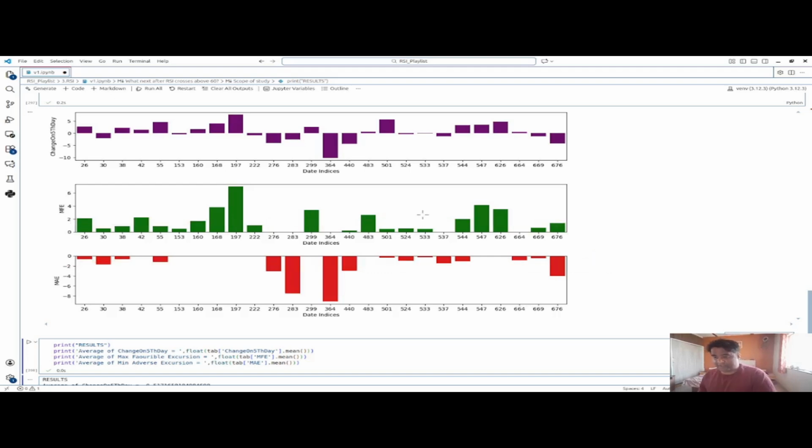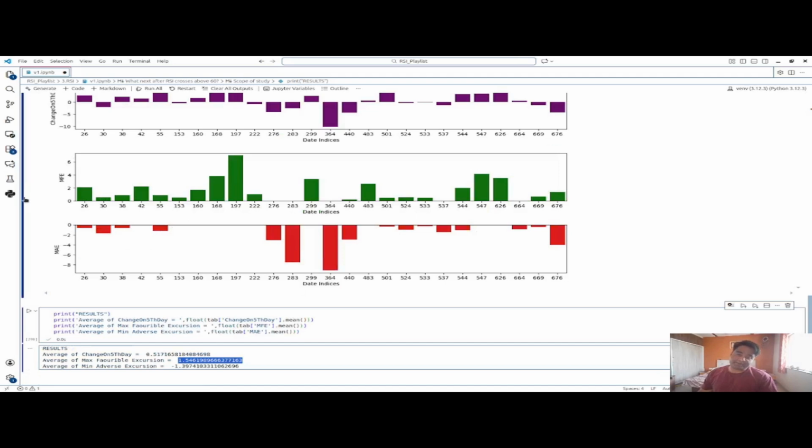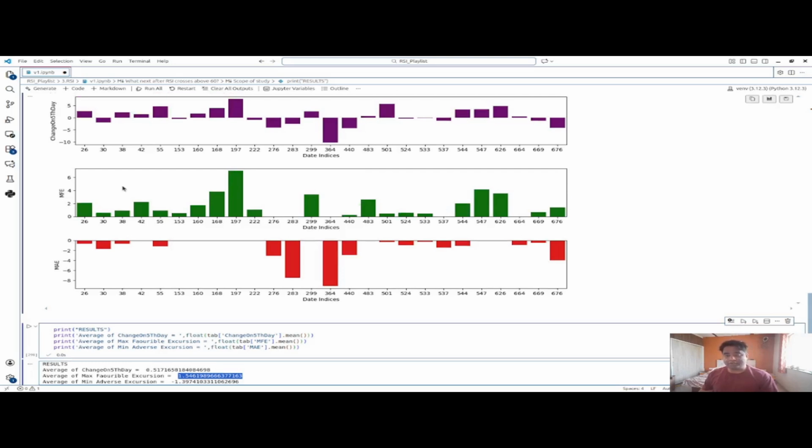So from this you get the decisive results. MFE and MAE get you the decisive results. What do you understand from this? That means if you trade when RSI crosses above 60, you are likely to get maximum favorable excursion than maximum adverse excursion.